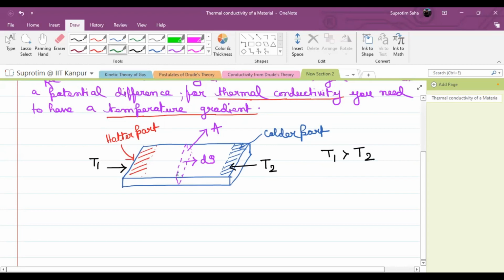Now you want to see the transfer of energy across this cross-sectional area A.